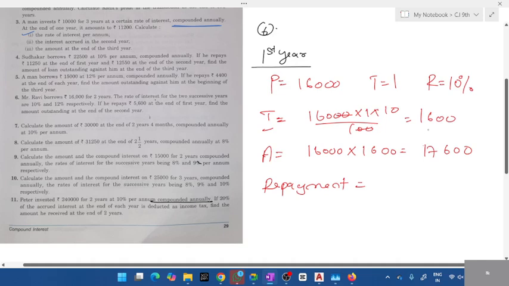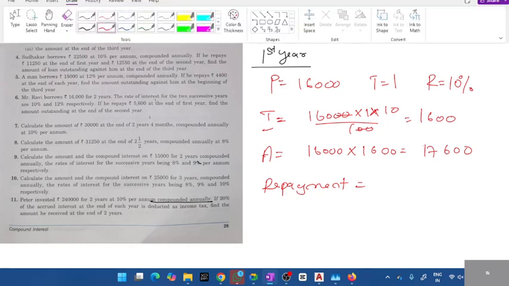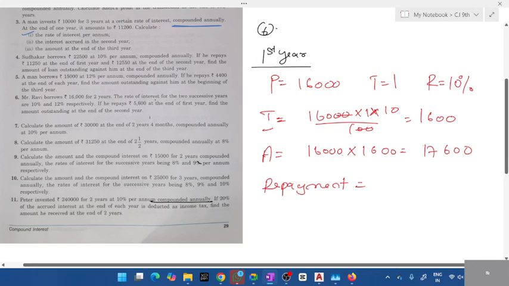What's the value you get? Will you get the same value? No, no. Principal is 16,000. What is the interest I got? 1,600. What is the amount? 17,600. Yeah. So check the values here. See what values they have given.